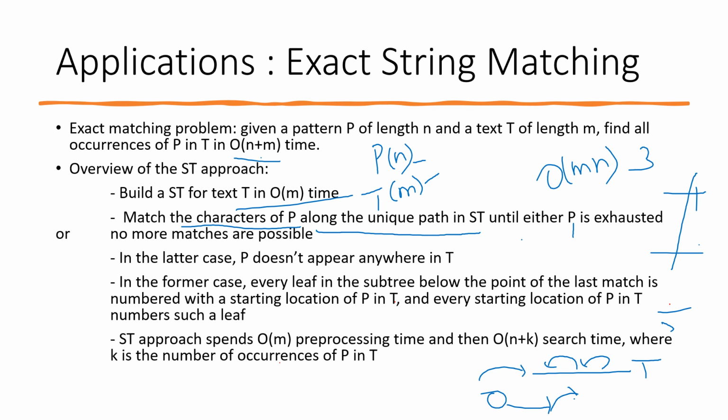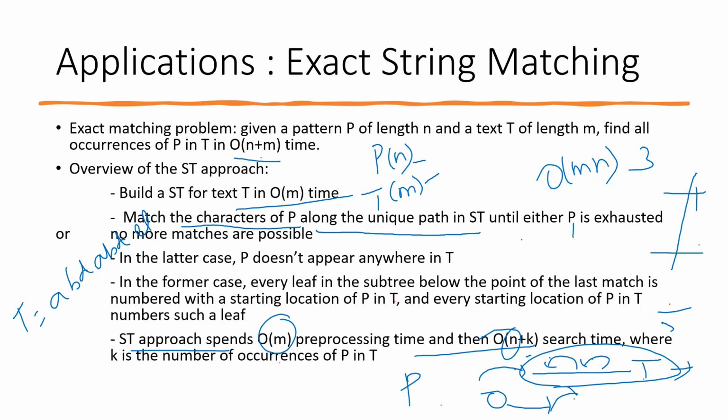With the suffix tree approach, it spends O of m time pre-processing the text. So it will take only O of m time, so we need not keep pre-processing that, and then we take O of n time to search for the pattern, and we will search in O of n plus k time, where k is the number of occurrences of P in T. For example, for the given text T equal to A B D E F, to search for BD, we have BD here, and we have BD here.